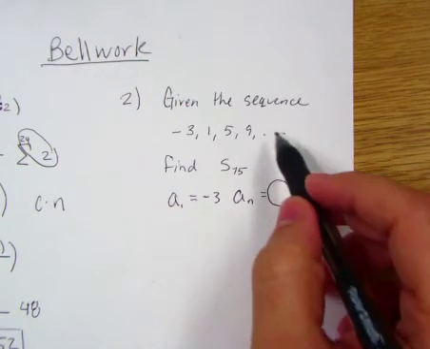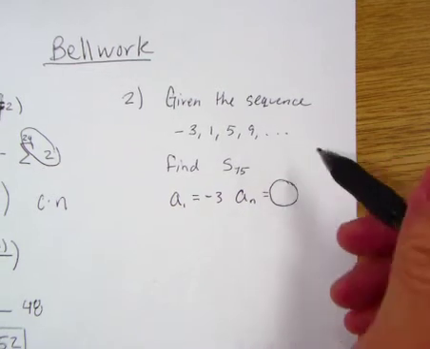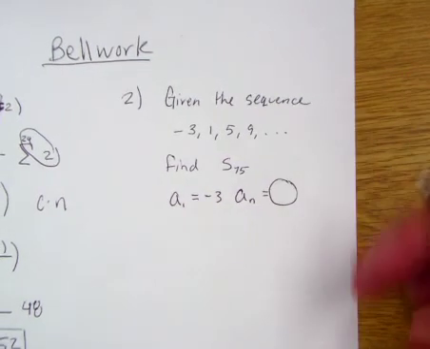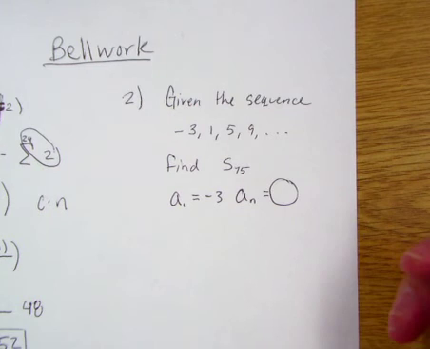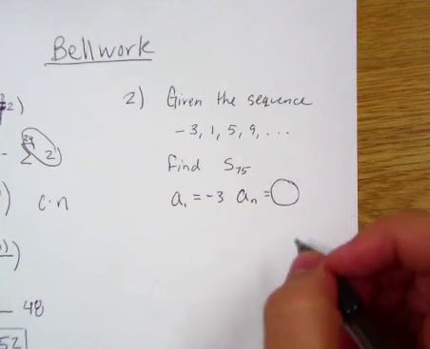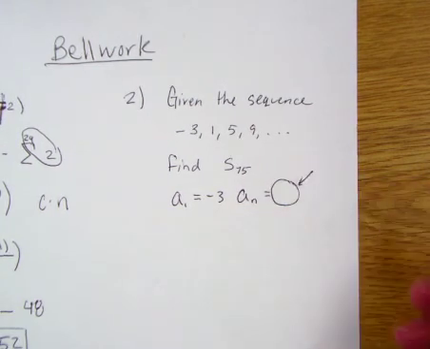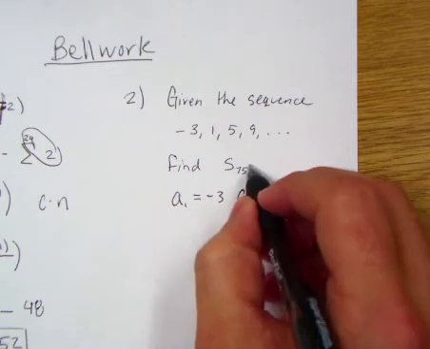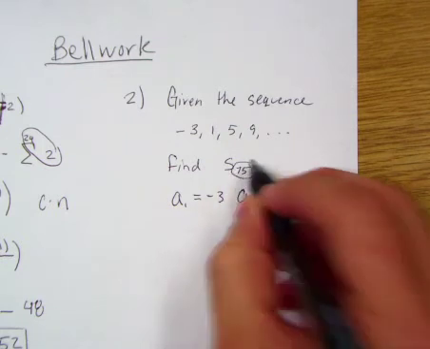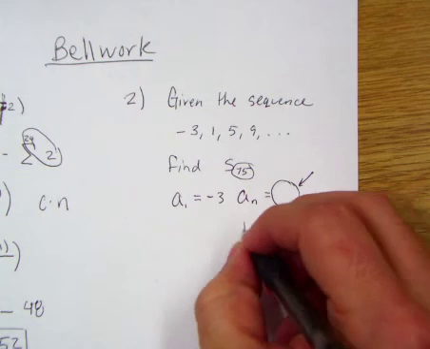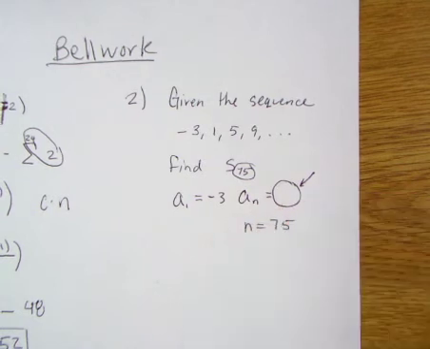So what you have to do, since we are missing the last term, we have a formula that allows us to find any term in a sequence, and that is the arithmetic sequence formula. So the first thing we're going to do is use the arithmetic sequence formula to find the last term. Since it says to find S of 75, that tells us that there are 75 terms, and that n is 75.